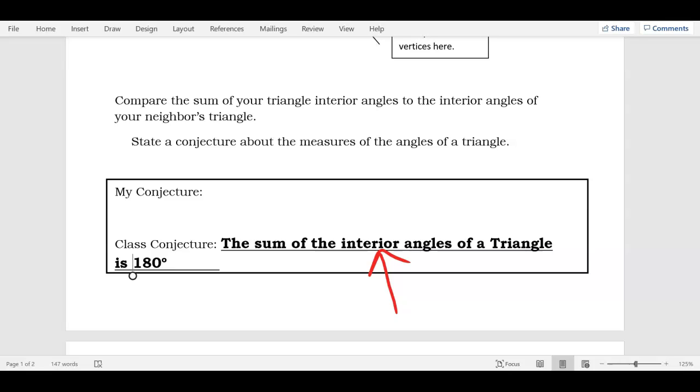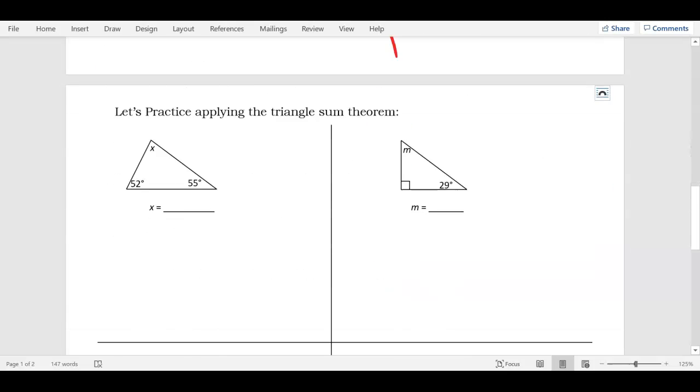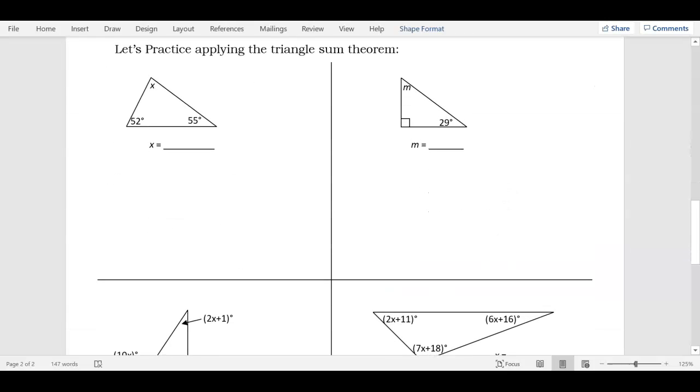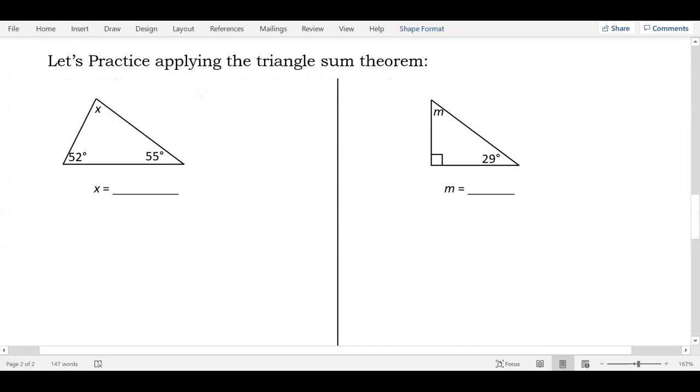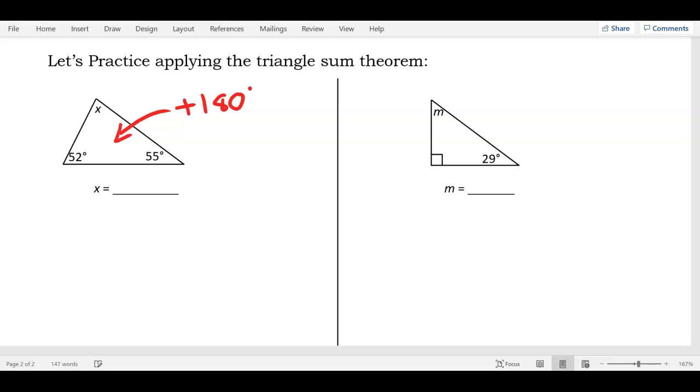All right, so let's flip it over. Now this looks like a warm-up we did earlier this week. So the first two on the top, I'll admit, we've done this. It's kind of easy. So let's look at how I would want you to do this. The first one on the top left, I see three angles. I know that inside it adds up to 180 degrees. We just said that on the front, right?